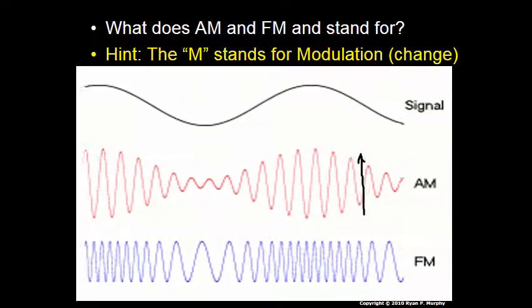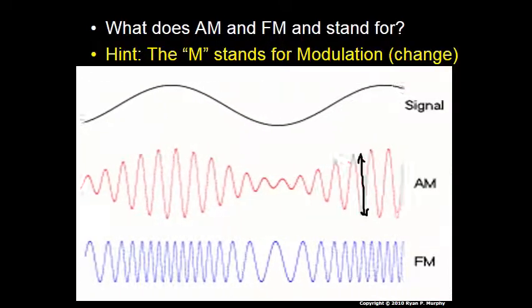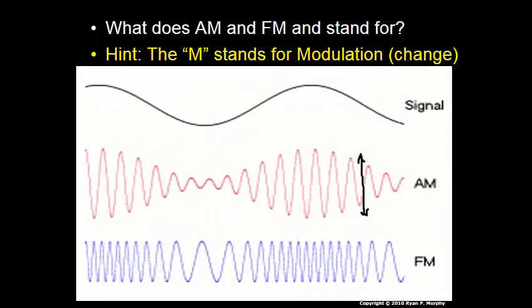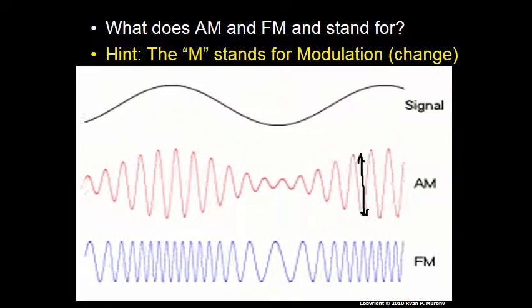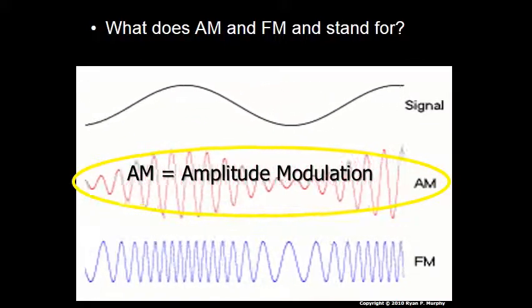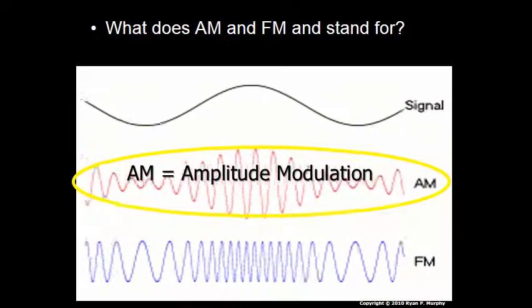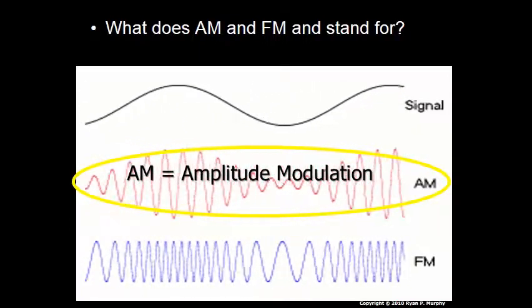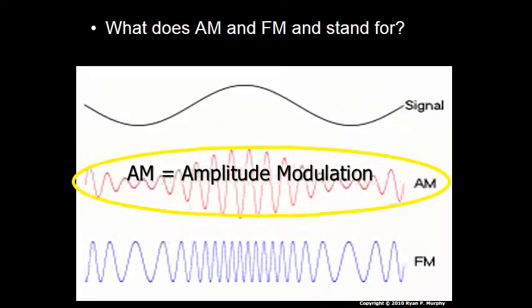They're making it bigger and smaller that way. So what wave property is that? Well, we call that amplitude, right? So that one is amplitude modulation. In other words, they're changing the amplitude of the signal in order to create the signals that you hear on your radio. Now let's take a look at the FM one.